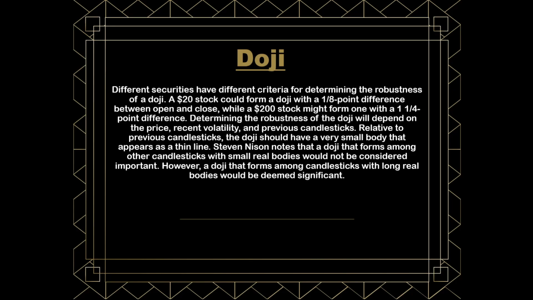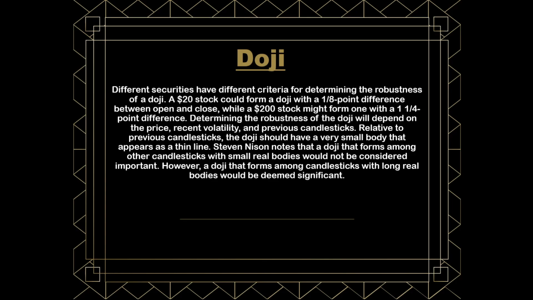A $20 stock could form a doji with a 1 point difference between the open and the close, while a $200 stock might form a doji with a 1 1/4 point difference. Determining the robustness of the doji will depend on the price, recent volatility, and previous candlesticks.